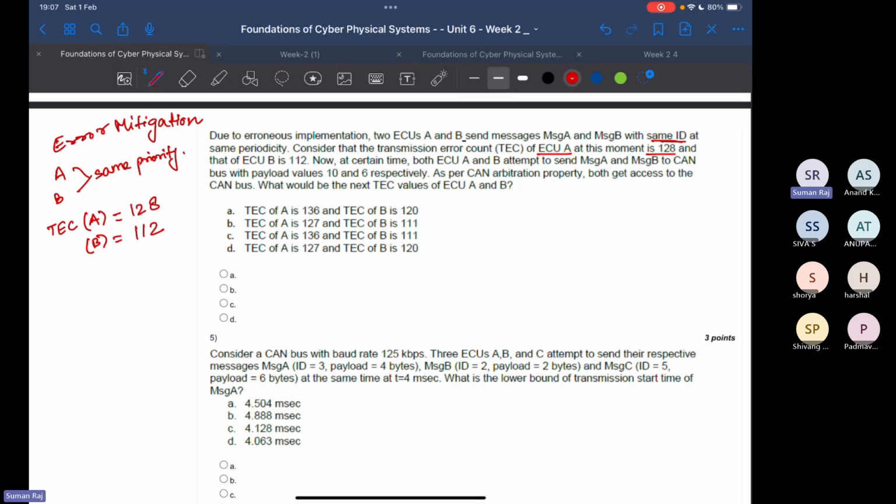Okay. But let's complete the question. Now, at a certain time, both of these attempt to send messages to the CAN bus with payload values of 10 and 6. So the payload of A is equal to 10 and the payload of B is equal to 6. Okay, so the payload of A is greater than.